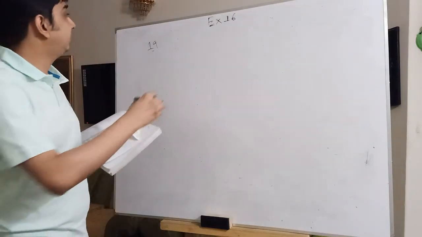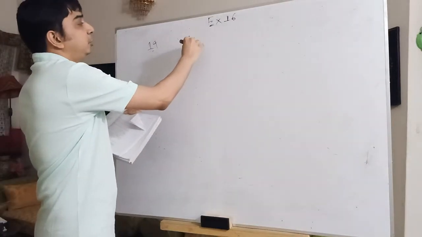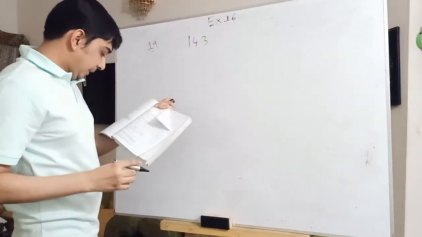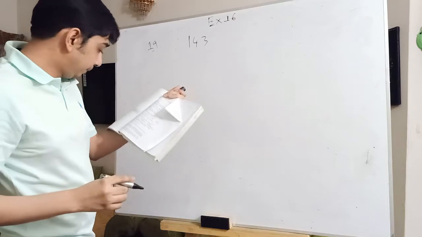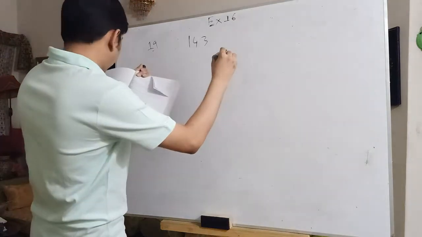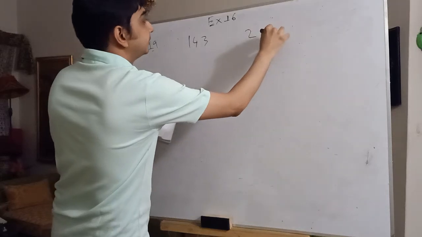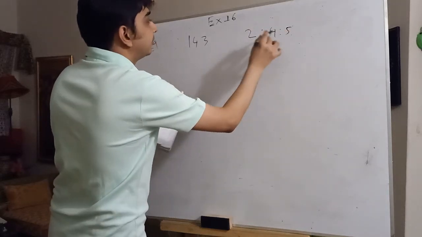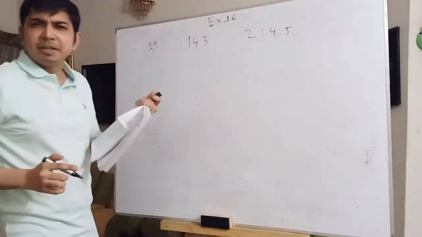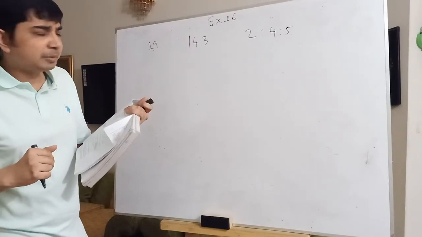So basically, this is the amount of money you have, $143. This is divided in the ratio 2:4:5. This money is divided into 3 parts.